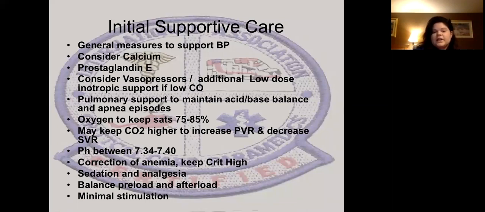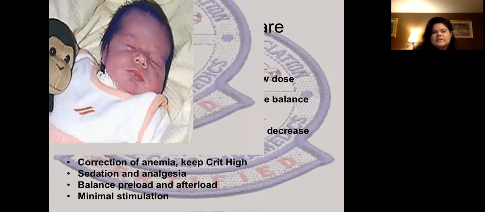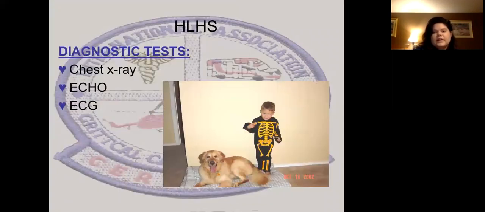Monitor for any apneic episodes. Definitely correct any anemia, sedation, analgesia. Try to balance it, but long term, these kids are going to have a larger intervention than that. Diagnostic tests, the same.